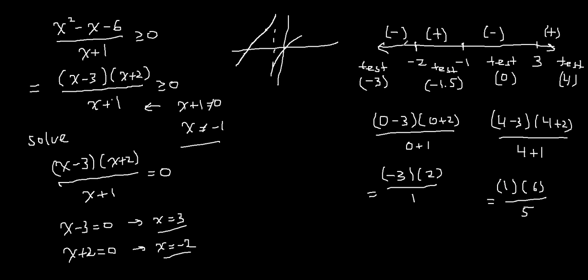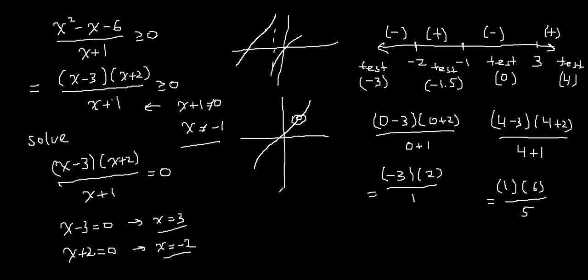Now you might have wondered, why couldn't we just have found one point and then alternated? If we had a negative, then we could have said this is a positive, this is a negative, and this is a positive, because theoretically it switches after every zero or asymptote. Yes, it does switch after every zero and asymptote, but you have to be careful. For example, if you have an unsimplified function with a non-permissible value, your graph is discontinuous. Here you have a value at which it's undefined, but it doesn't actually cross the x-axis.